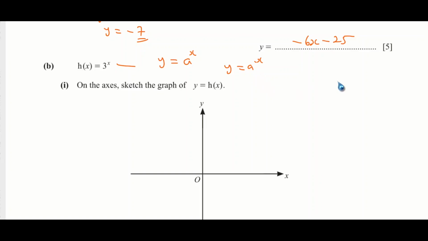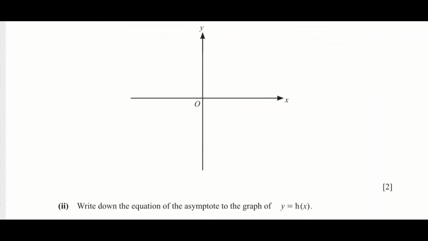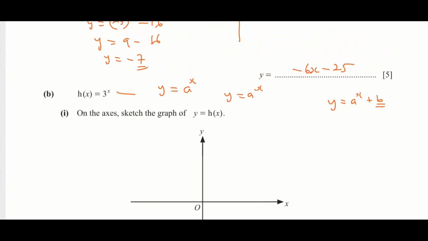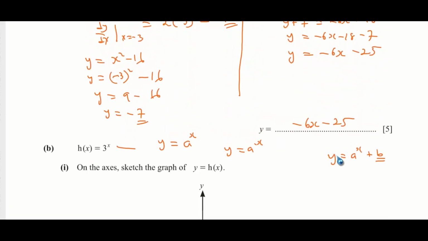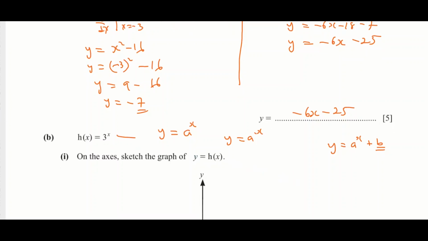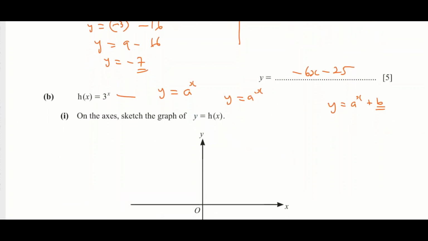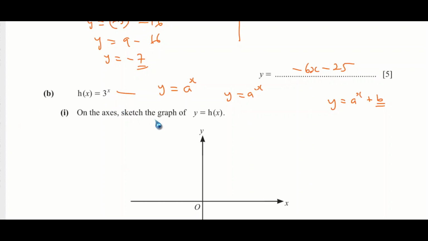But in the standard form we have y equals a to the power of x plus b. So this b here is the asymptote. But for this one, we have 3 to the power of x plus 0. That means y equals 0 is the asymptote for this one, since b is missing.